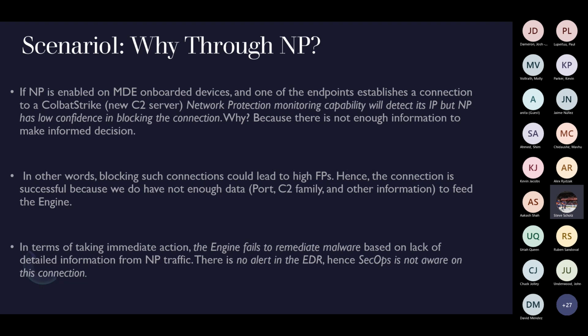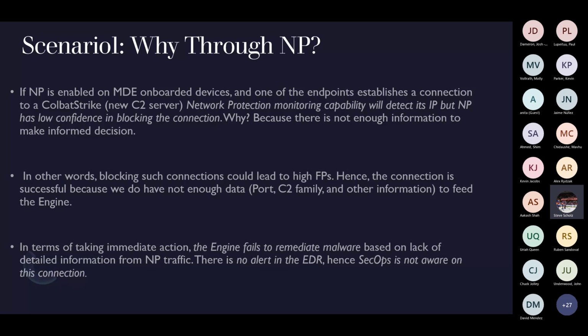So a couple things, why through network protection? If network protection is enabled, as I said, on Defender for Endpoint onboarded devices, and one of the endpoints establishes a connection to, let's say, a Cobalt Strike C2 server, network protection monitoring capability will detect its IP, but network protection has a low confidence in blocking a connection, because we don't have enough information. So we need other things like the port, the C2 family, other information to feed this engine.